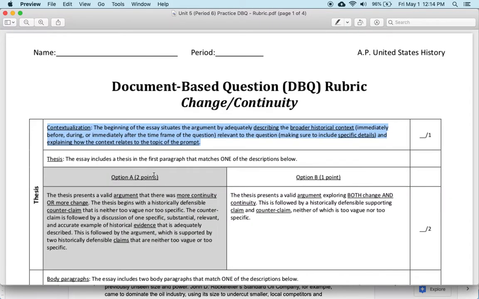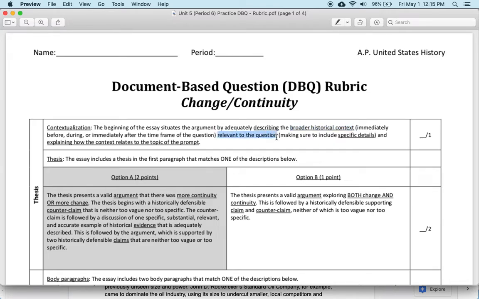In order to get the contextualization point, you have to adequately describe, not just say, hey, the Civil War happened, but describe the Civil War, the broader historical context relevant to the question.